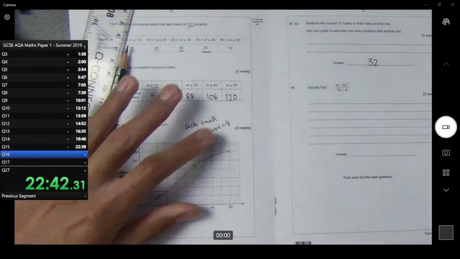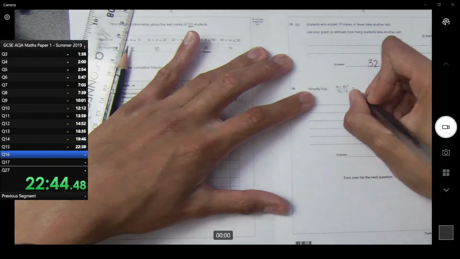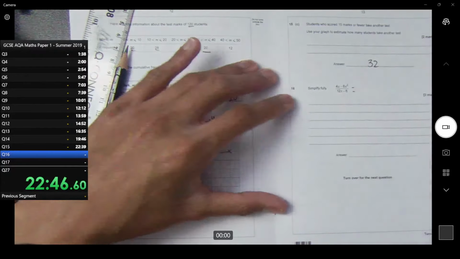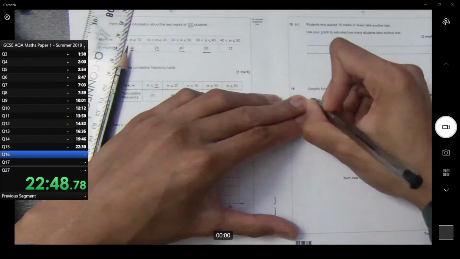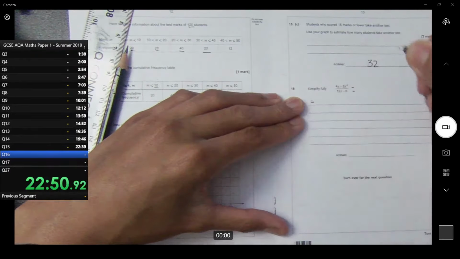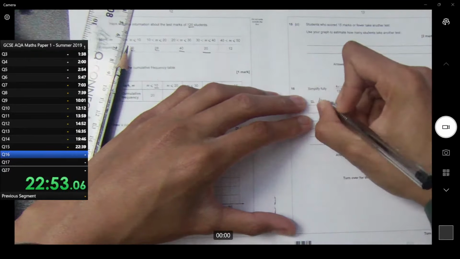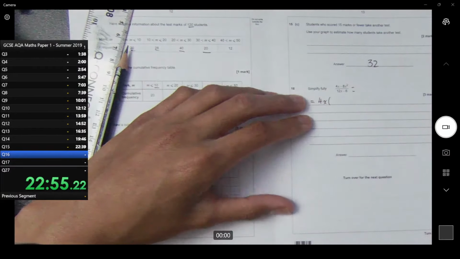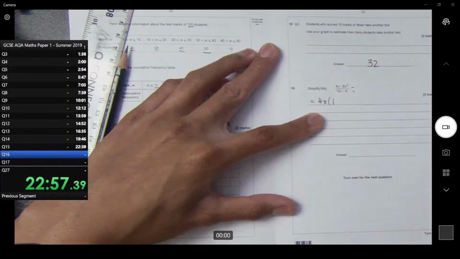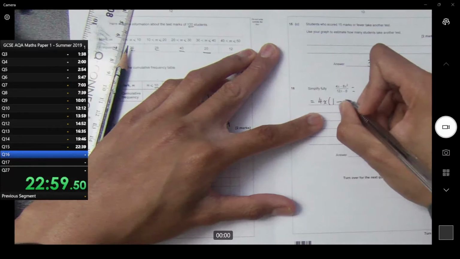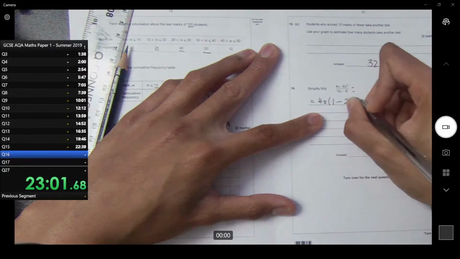Question 16. Fully simplify this and this. Right. So on the top, what I do first is try and factorize. So we get 4x, and we have 1 minus 2x.